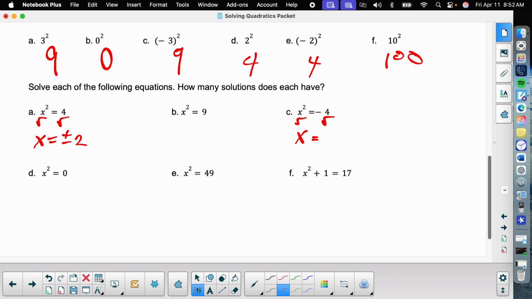The square root symbol means what number times itself. Any number, when you multiply it by itself, has to come out positive, like -4 times -4 is positive 16. So if you're doing the square root on a negative number, there's no solutions.